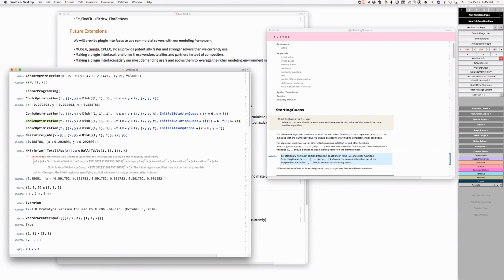Okay. And so it's an initial guess because it may be ignored. That's right. It may be ignored. Is it a guess for the solution, or is it a guess for something else? It's a guess for either the solution or a point along the solution.